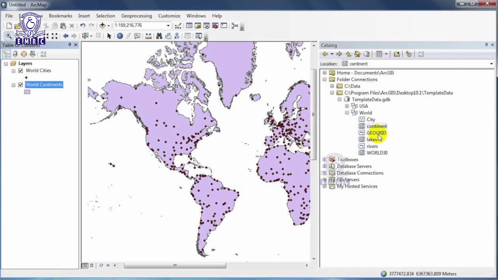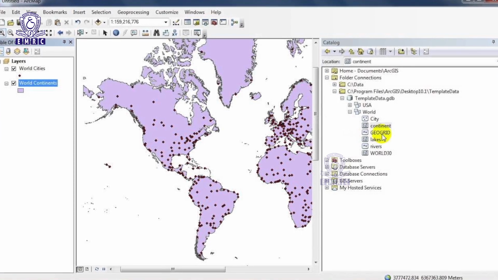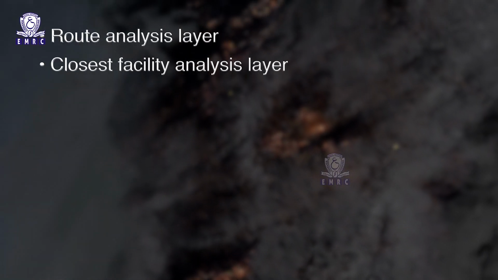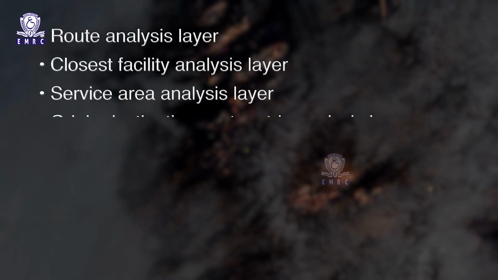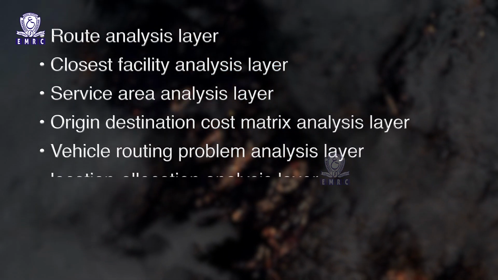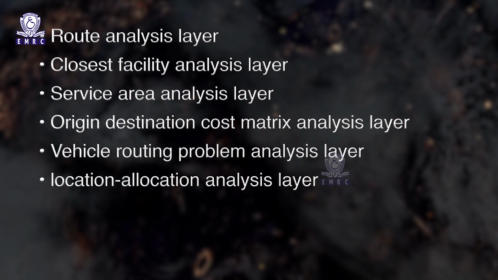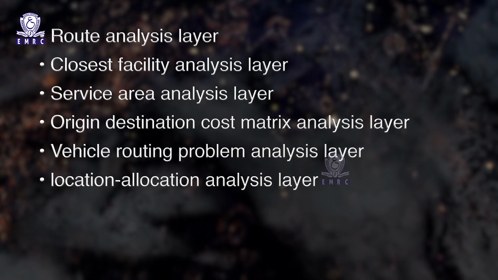In ArcMap, a network dataset must be added first so that when an analysis layer is created, Network Analyst can bind the analysis layer to the network dataset. The 6 kinds of network analysis layers in ArcGIS include route analysis layer, closest facility analysis layer, service area analysis layer, origin destination cost matrix analysis layer, vehicle routing problem analysis layer, and location allocation analysis layer.